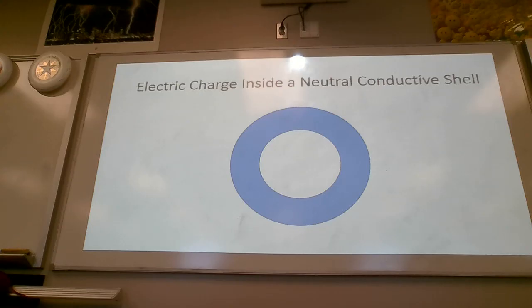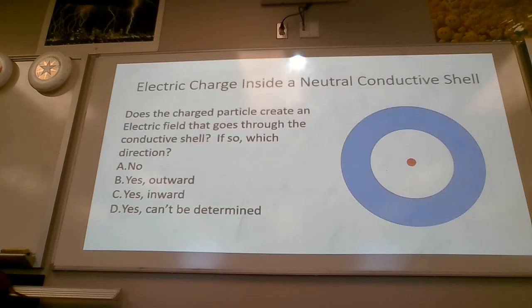Somehow, some way, we zap in, teleport some positively charged ball. I don't know. Call it proton. Whatever you want to call it. Okay, positive. Just whoop. What we're going to look at is what happens in response to that.